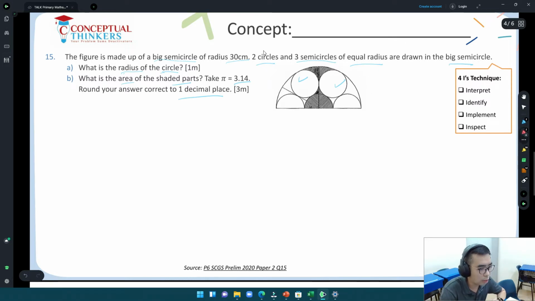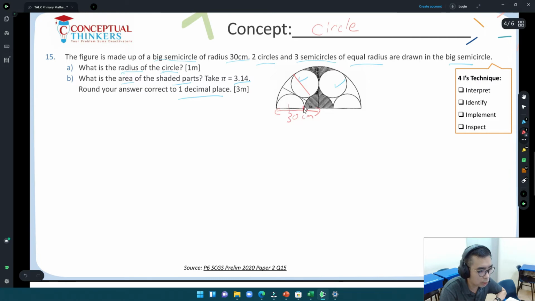This is how we interpret the question to get the key phrases, and this concept is actually straightforward. We are actually doing circle. This will be the concept for this question. Now there is certain information given by the text, so I'm going to draw it on the diagram. From here to here, according to the question, this is 30 cm. Since this circle and this semicircle are of equal radius, I can cut this into 3 equal parts.